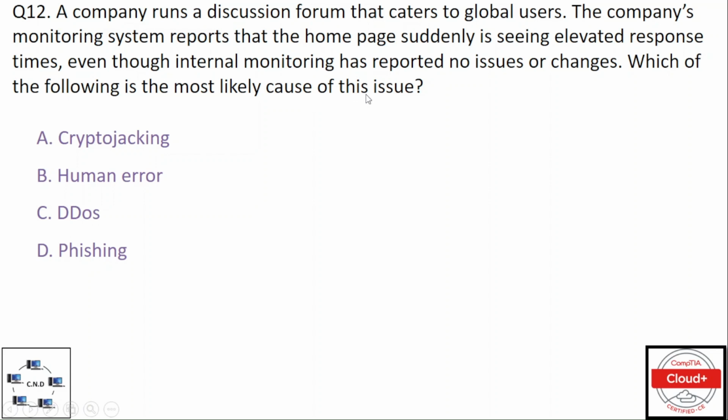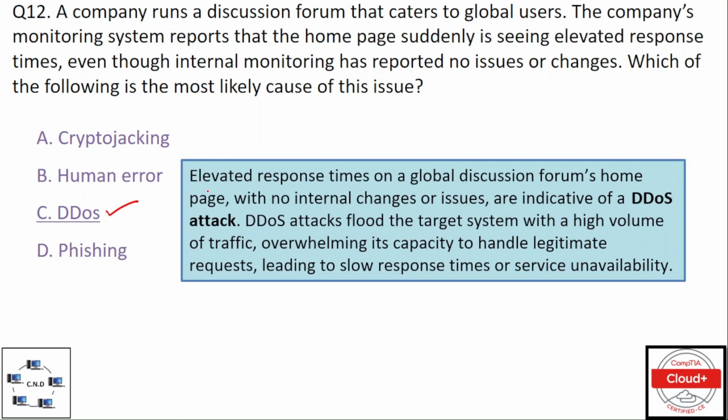We are talking about elevated response times or poor performance of the forum or application, and the options are option A, cryptojacking, option B, human error, option C, DDoS, and option D, phishing. And the correct option is option C, DDoS, or distributed denial of service attack.